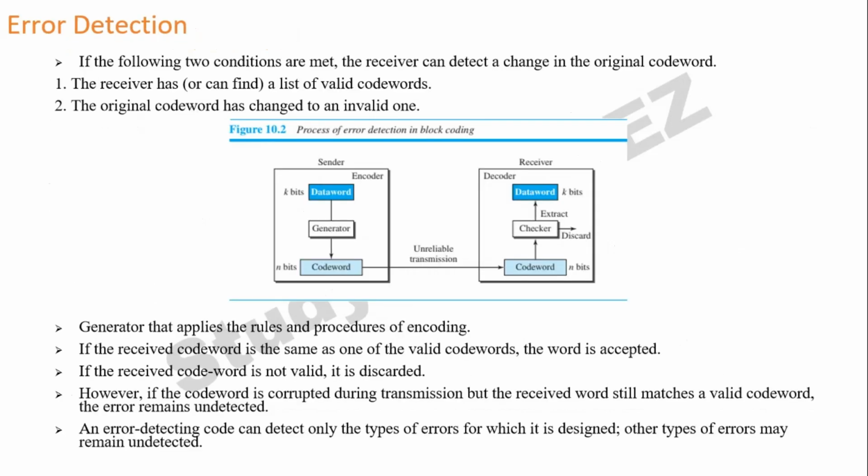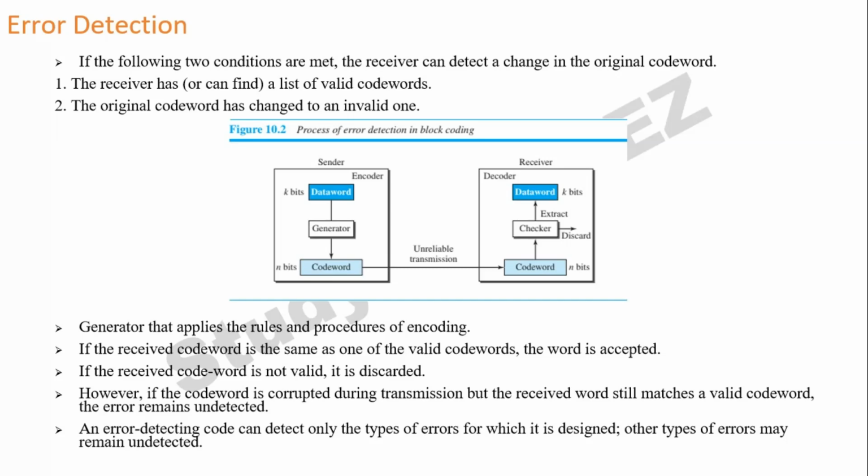Next is error detection. If two conditions are met, the receiver can detect the change in the original code word. That is, the receiver has a list of valid code words. To cross verify whether the received word belongs to the valid list or invalid list, it should have the list of valid code words.